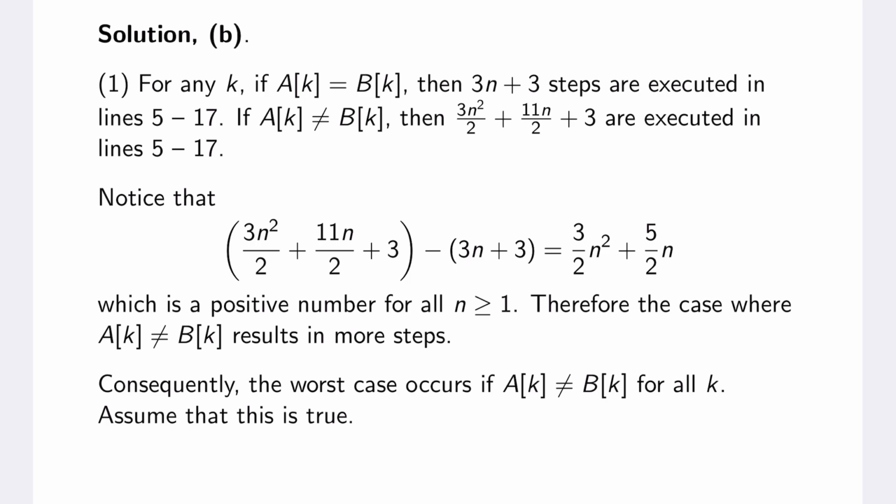We all know about comparing numbers. We could say that 5 is less than 10. And there are a lot of cases when you would want to do the same thing for functions. So for this algorithm, in one case, the if-else block takes that many steps. In the other case, it takes that many steps.